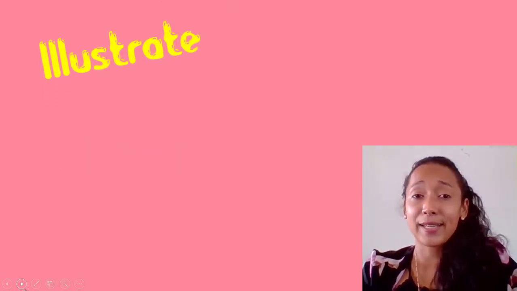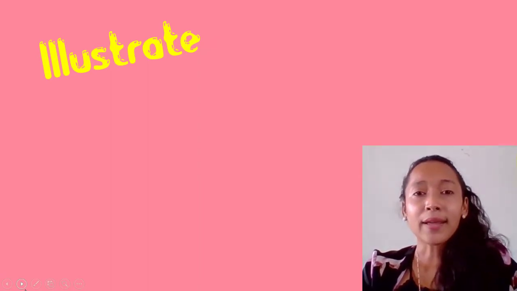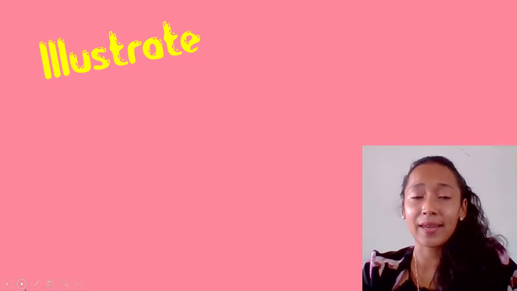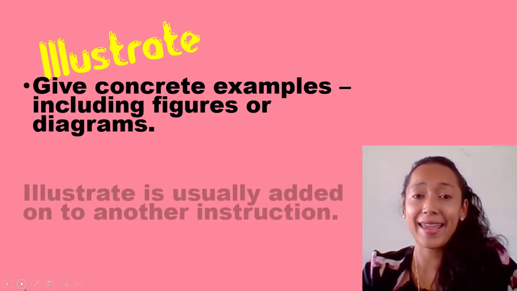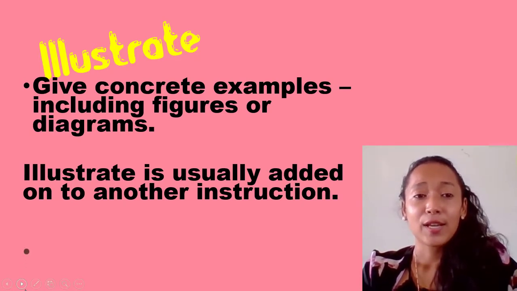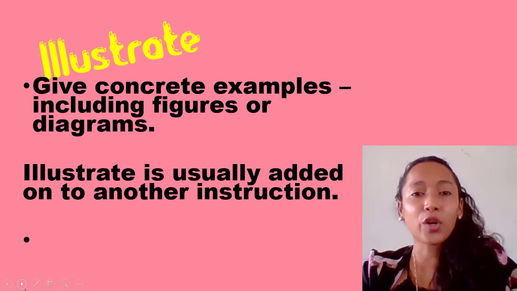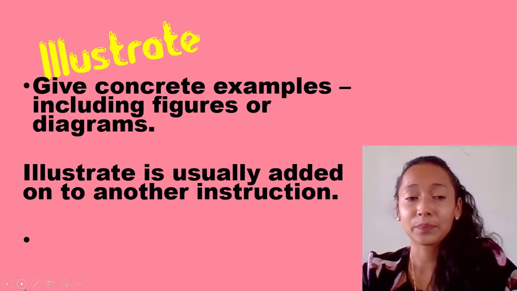The other word is illustrate. What are they asking you when they say illustrate something? They're asking you to provide examples. So in this meaning, it says give concrete examples including figures or diagrams.